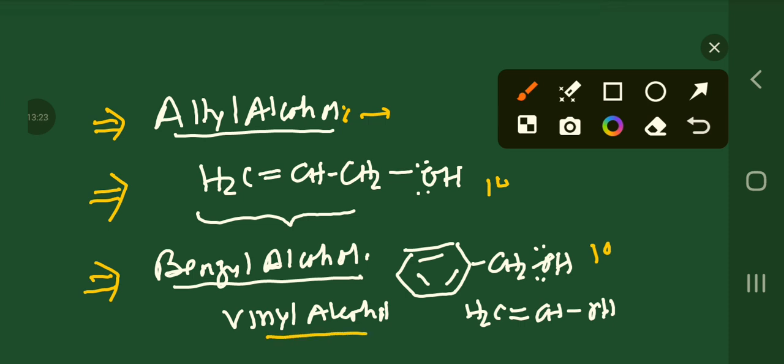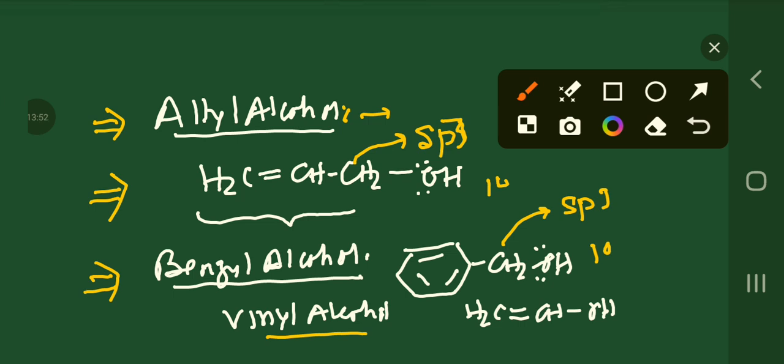and in both allyl and benzyl, the OH group is attached with the carbon atom showing sp3 hybridization, because there is a single bond and carbon forms 4 bonds, so 4 sigma bonds. Simply this indicates that hybridization is sp3.